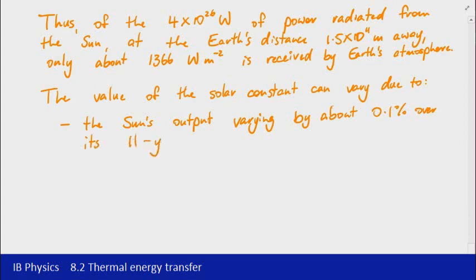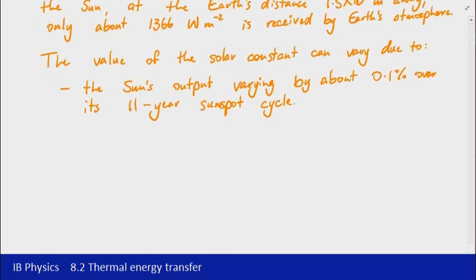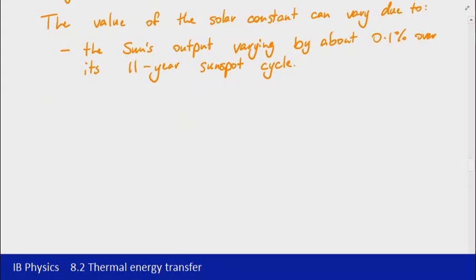Now, it might not sound like a lot when we're saying 0.1%, but when you're talking about the quantity of energy that the sun radiates, that does end up being quite a lot in terms of the total energy, and therefore the impact that it has on the energy that is received by Earth's atmosphere.